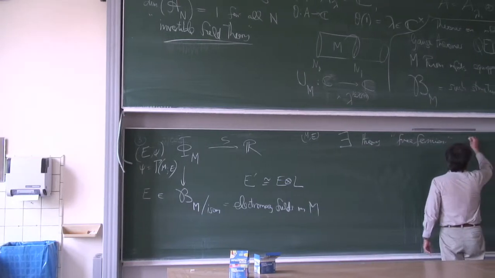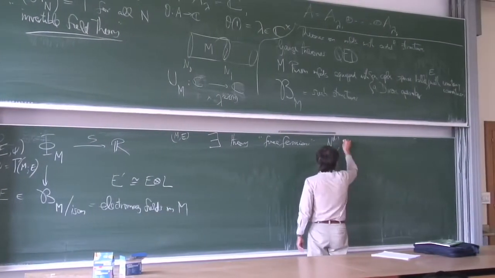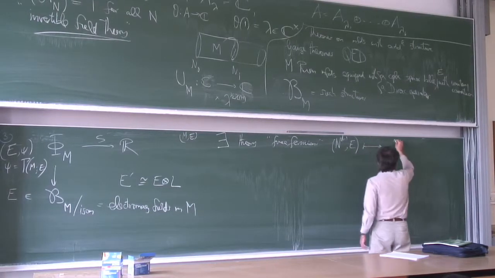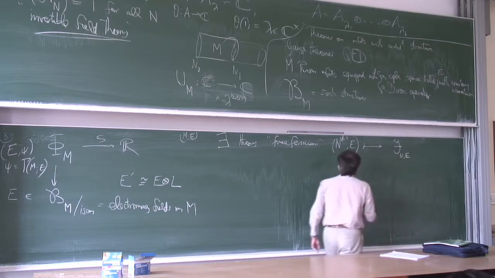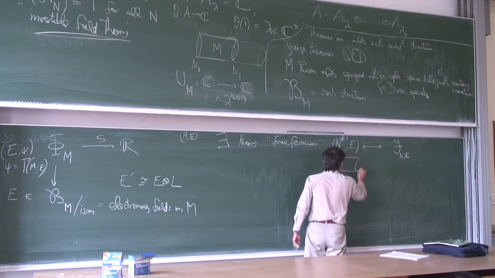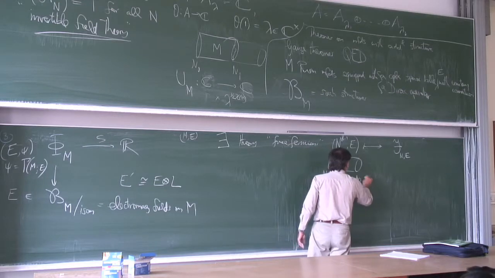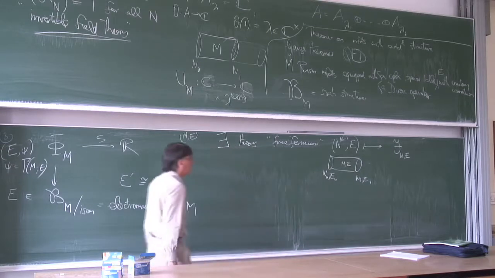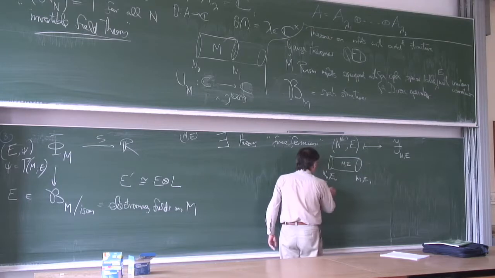This is a theory which, to a D minus 1 dimensional manifold with its bundle, gives us some vector space which I'll call F of N and E. And to a cobordism, where we have N1 with E1, and some M with E on it, so it's a cobordism with bundles like this, to this we would assign an operator.